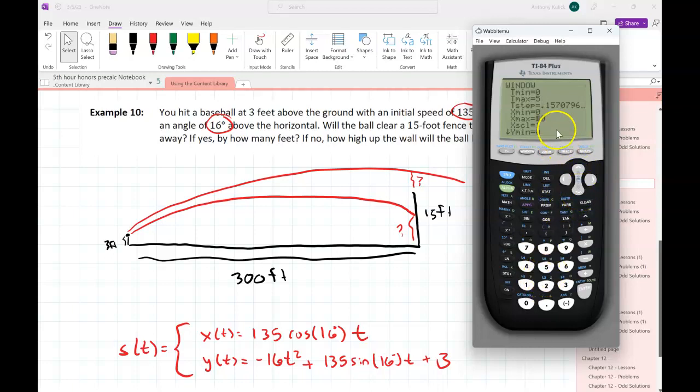And then I know that the initial x is 0, and we're going at least 300 feet, so I'll make that like 350 or something, and go by 50s. And the y-min, again, 0. And I don't know how high up that thing's going to go. 16 degrees is a pretty low angle of exit, though.